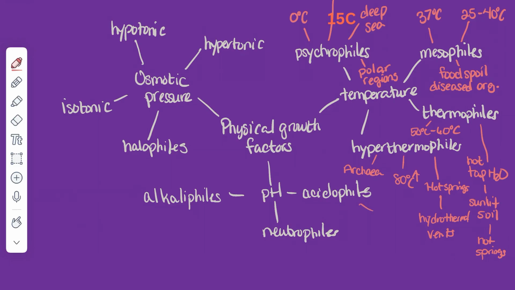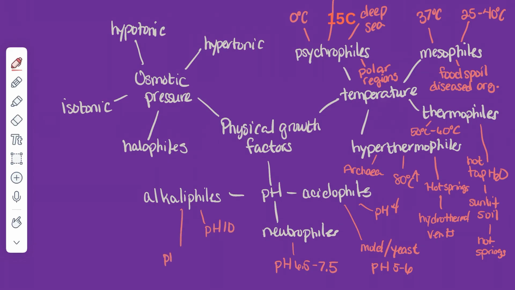On to pH. Acidophiles. They have a pH of 4, and mold and yeast have a pH between 5 and 6. Neutrophiles. They have a pH of 6.5 to 7.5.